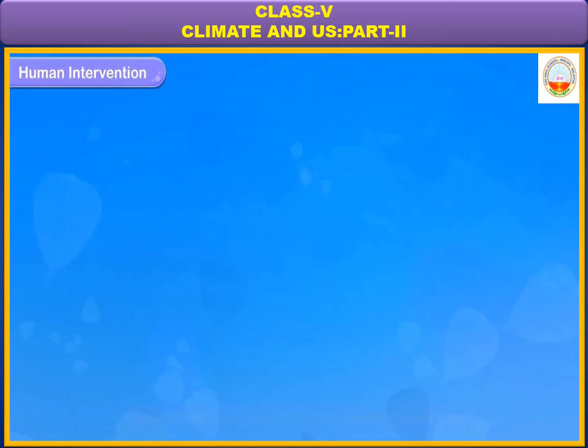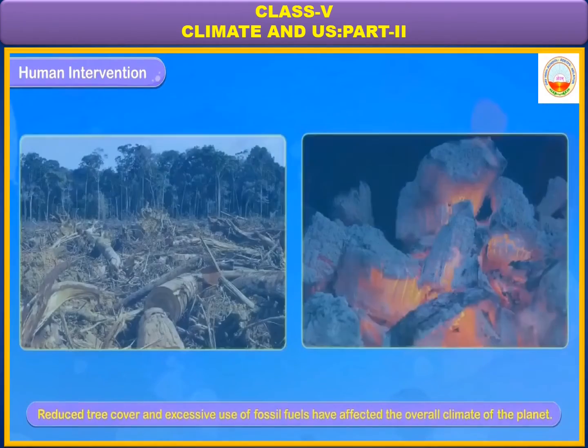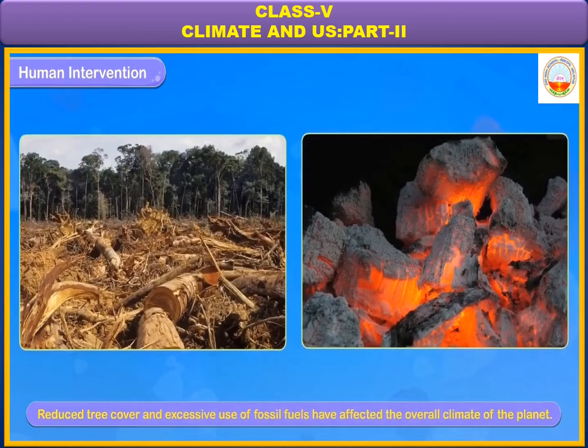Now let us see human intervention. Another important factor that affects climate on a global stage is reckless exploitation of nature by human beings. The reduced tree cover and excessive use of fossil fuels have affected the overall climate of the planet.